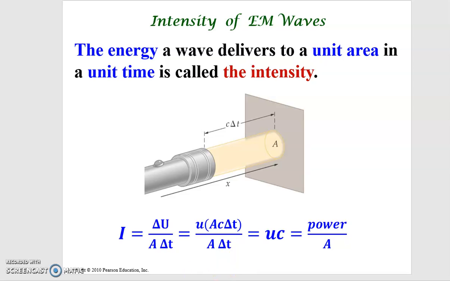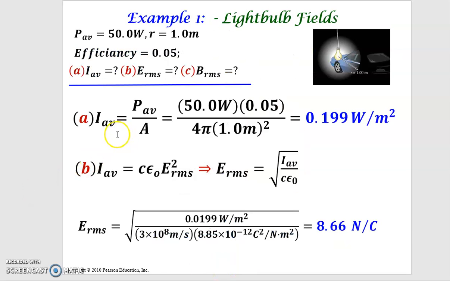So don't forget about that one. Therefore, the average intensity is the average of the power divided by the cross-section area. However, you cannot simply use the 50 watts because only 5% of the 50 watts was converted to light. So the average power is 50 watts multiplied by 0.05 and divided by the area.